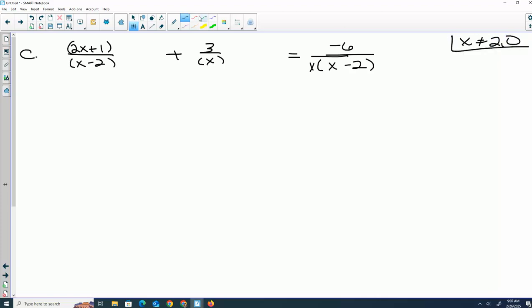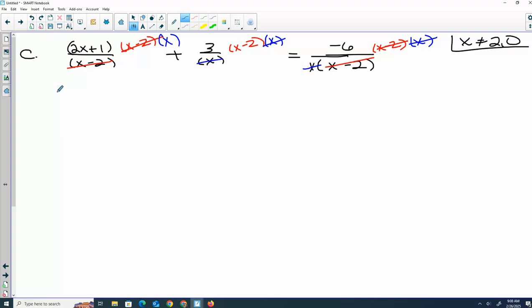Okay. If I want to get rid of this denominator, everything has to get multiplied by x minus 2. These cancel, and those cancel. What's left on the bottom? x. So everything has to get multiplied by a plain x. Those cancel and these cancel.